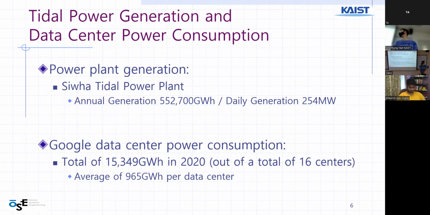So it averages around 965 gigawatt hours per data center. With this comparison, the tidal power generation can definitely sustain the power needed for the data center, but the full autonomy is still not yet clear.